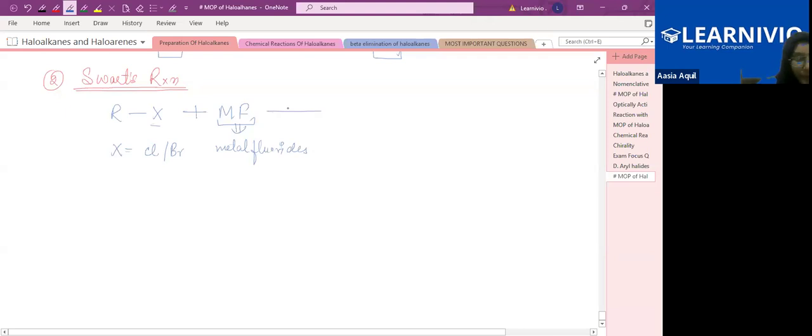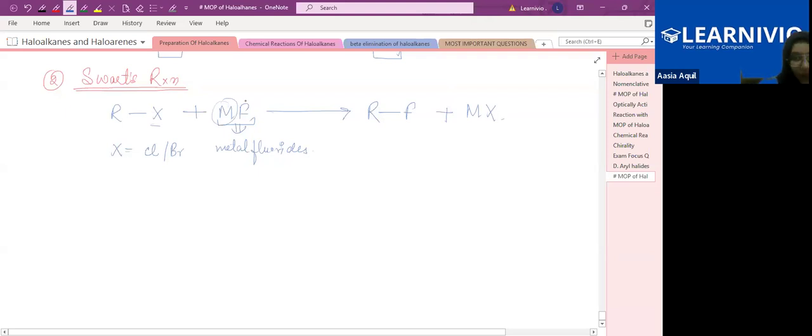Then what will be the product? Here the product will be your alkyl fluoride. So the Swartz reaction is a preparatory method of alkyl fluoride, and the byproduct you get is MX. That's the general reaction. And what is MF over here?